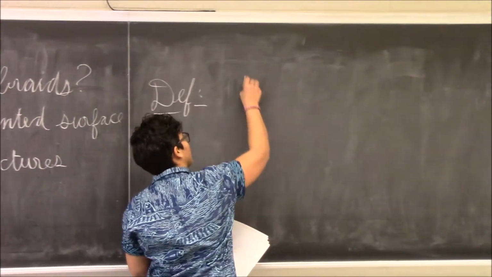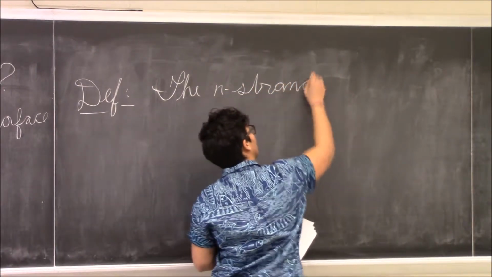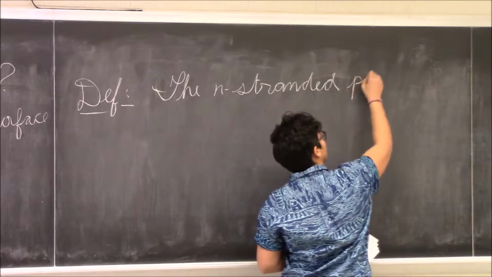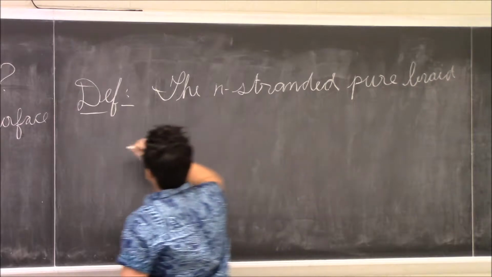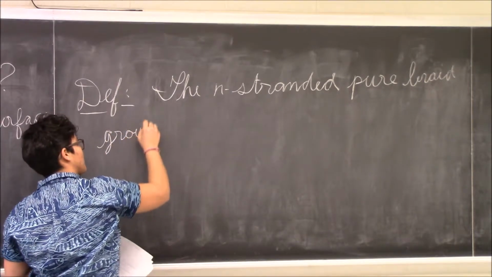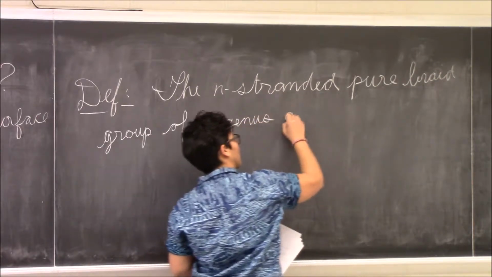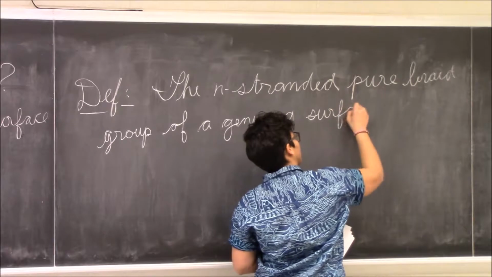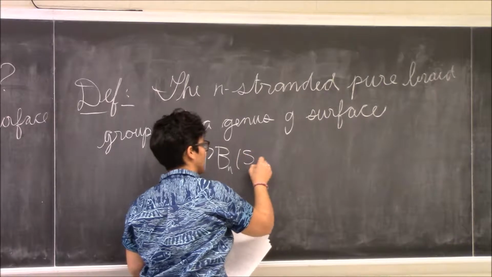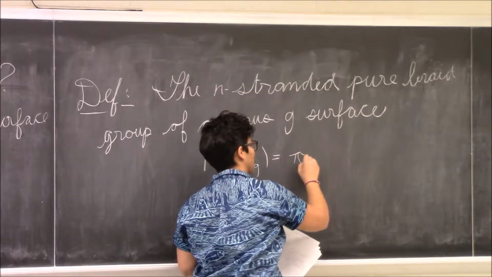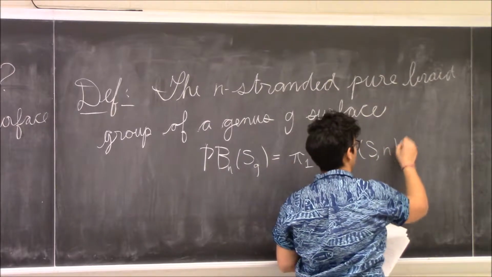surface braid group. So the n-stranded pure braid group of a genus g surface, which I'm going to denote by PB sub n of S sub g, I can define this to be the fundamental group of the configuration space of n points on a surface.